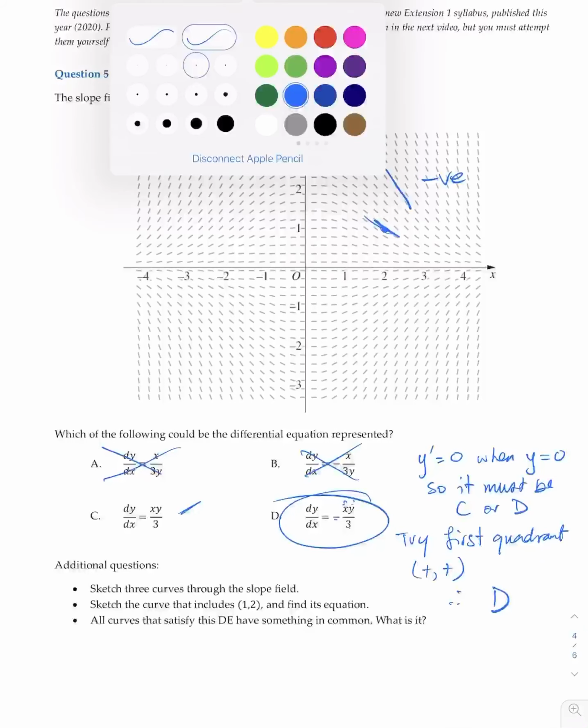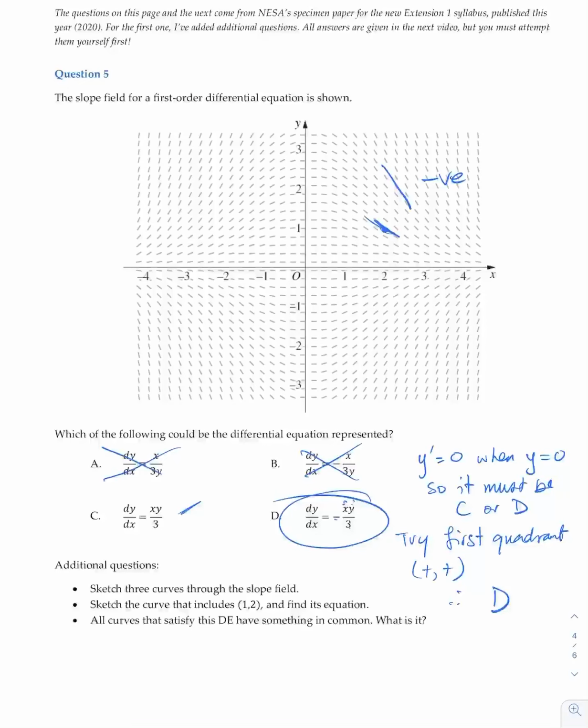Additional questions that I made up. Sketch 3 curves through the field. I'll get rid of this. Well, if I just go like this, I'm trying to stick to channels and definitely not cross. It's probably a bit easier when they're quite dense like this.